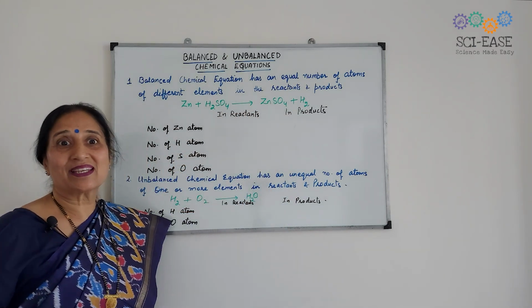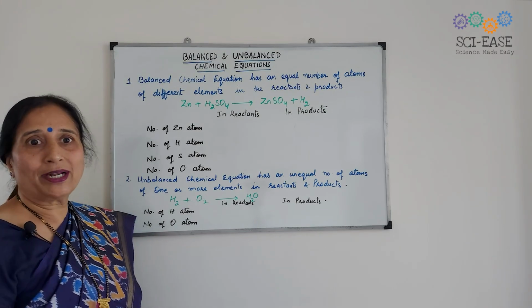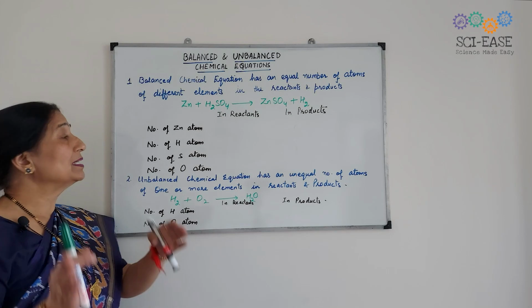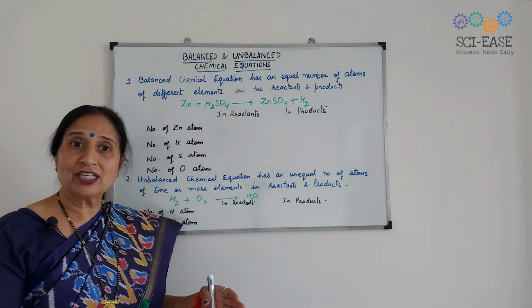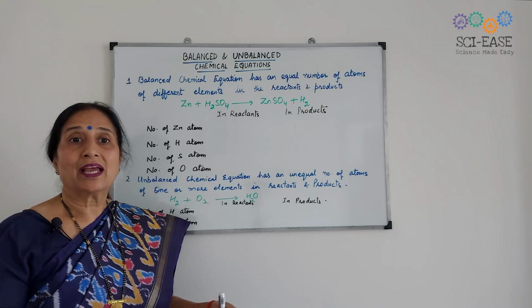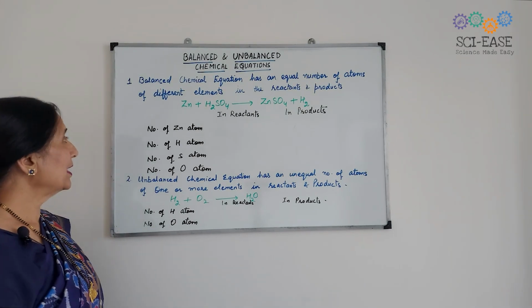I am using this equation time and again, but it's a very important equation. Now, we will count the number of zinc, hydrogen, sulfur, and oxygen atoms in both reactants and product side. Okay?